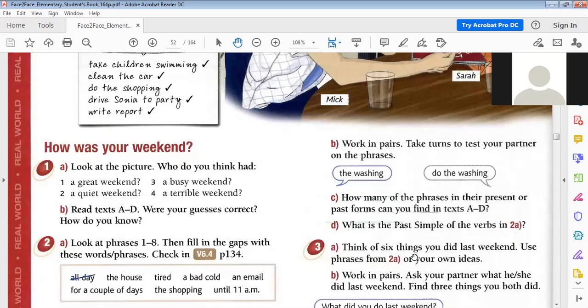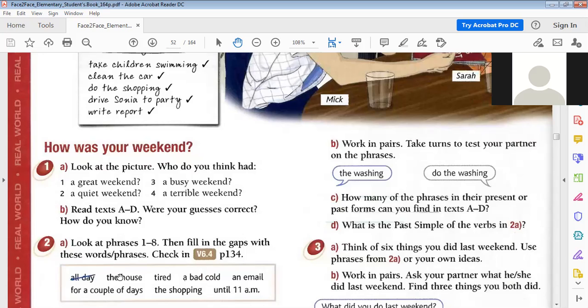Have a bad cold, correct. For a couple of days. Go away for a couple of days, correct. Until 11 a.m. Sleep until 11 a.m., correct. The shopping. Do the shopping, correct.